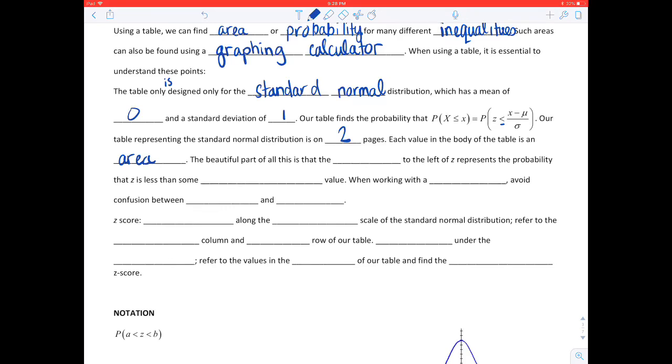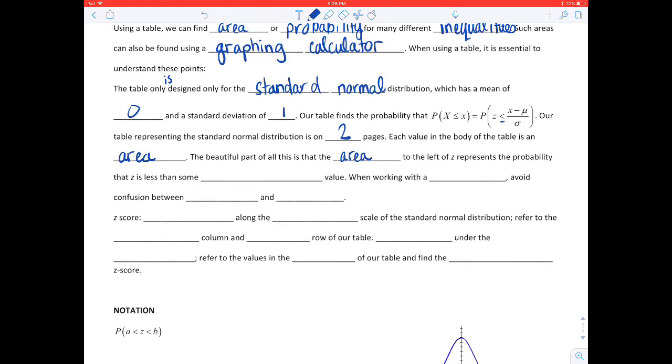The beautiful part of all this is that the area to the left of z represents the probability that z is less than some standardized value. In other words, your z1. So there's all kinds of z's.